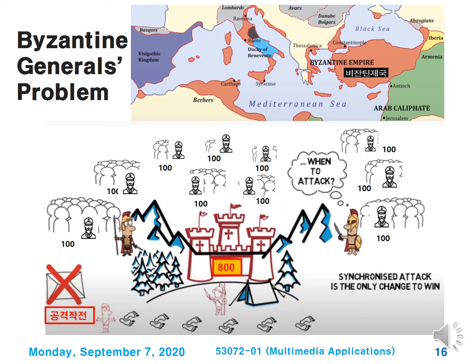The soldier carrying the attack plan can be captured and can be killed during his way to visit other generals to send the message of the attack plan.